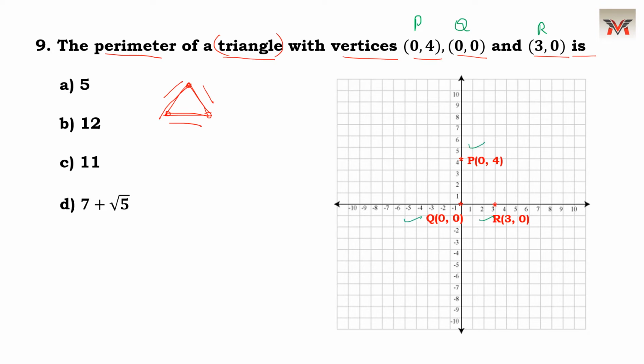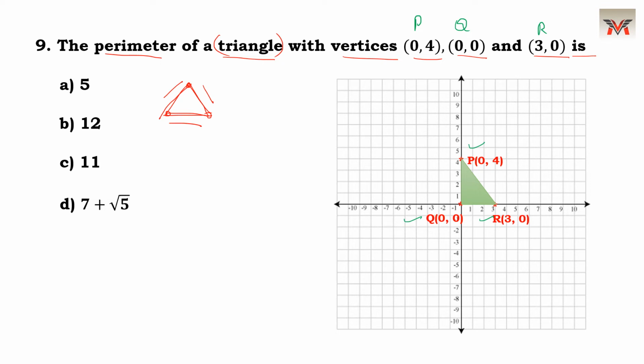Now what I'm going to do is I'll just draw the lines here so that they will meet all the points. I'll just draw the triangle using these 3 points. What I will get here, I'll get the triangle PQR.